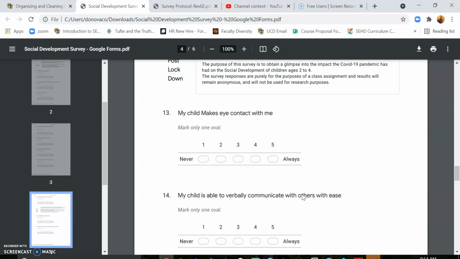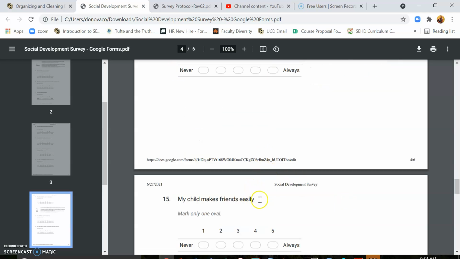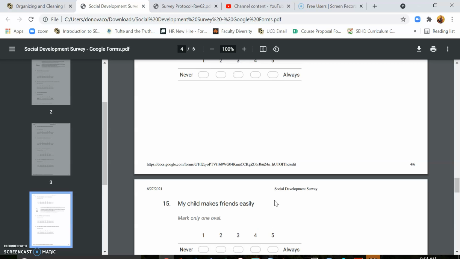If we put all of these items together, it is possible that the two items about making eye contact will group together. The two items about verbal communication will group together. The two items about making friends will group together. And so we'll have all of these kind of mini factors, mini kind of subgroups that are the same item that's just asked twice. That's not really that helpful.